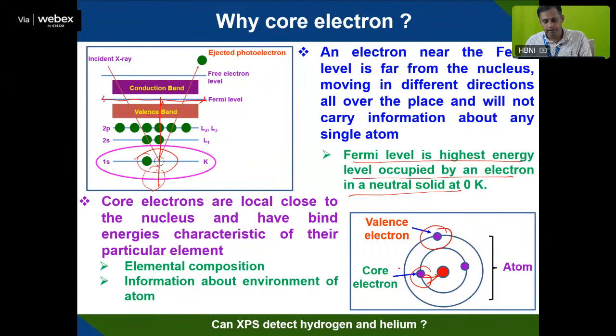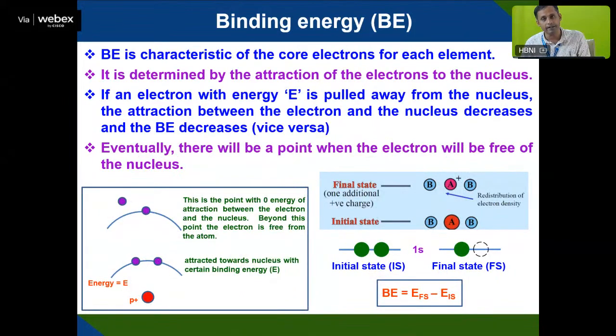Every atom has a particular binding energy with which the electron is bound to the nucleus. This binding energy of the core electron is different for each element. It is determined by the attraction of the electron to the nucleus, that is, how strongly the electron is attracted to the nucleus. That is the binding energy. Here you can see the nucleus and the electron.